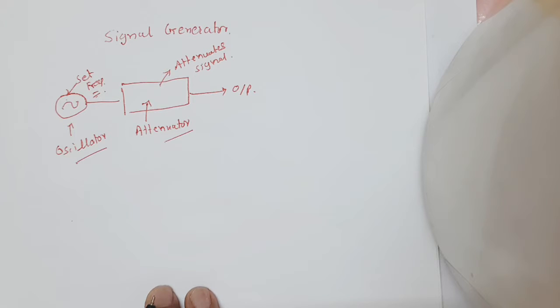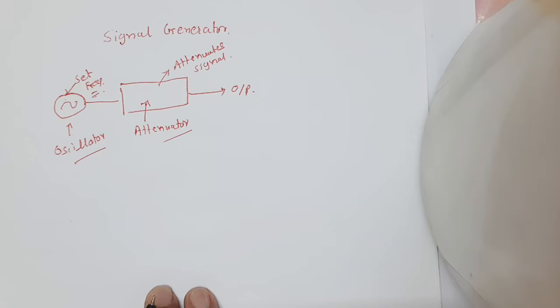There are a number of buffer amplifiers, a frequency divider switch, a main amplifier, and a modulation signal also. All these different parts of the modern laboratory signal generator make up the instrument through which we can get the signal. Here we are discussing the AF sine and square wave generator.